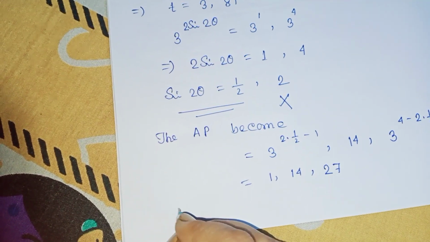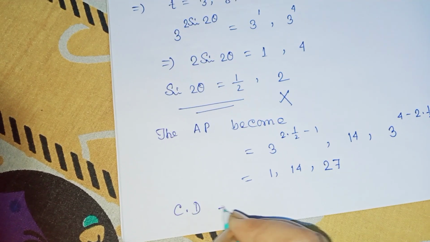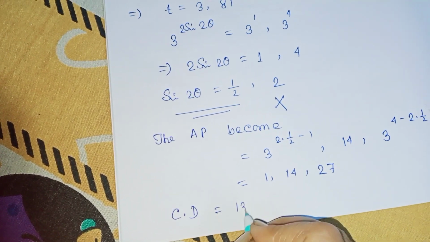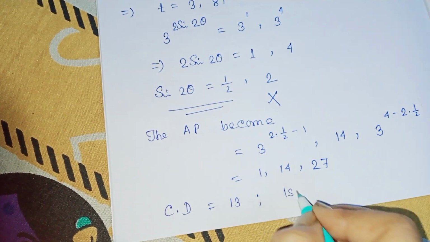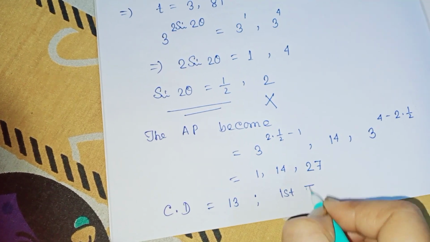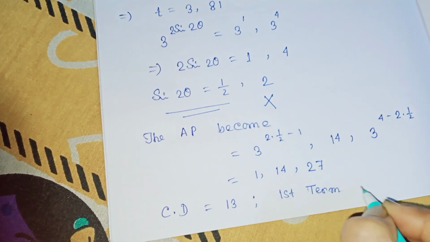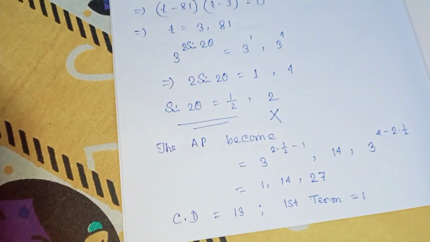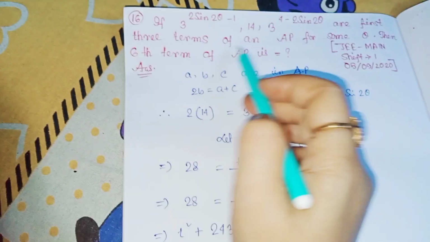So it becomes an AP 1, 14, 27. Here we get common difference equal to 13 and first term equal to 1. We should calculate the sixth term of this AP.